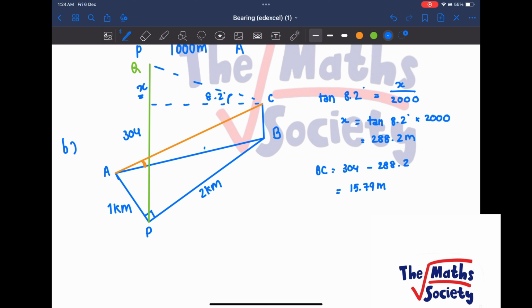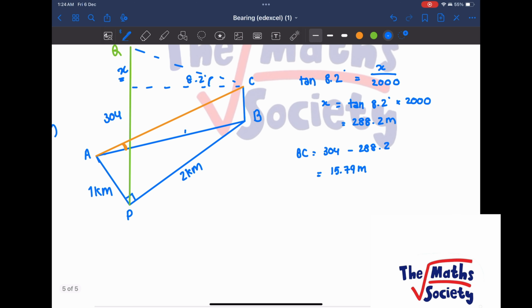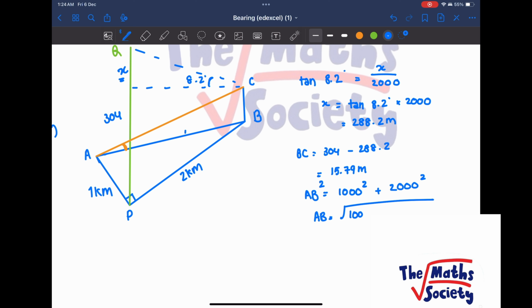So we know that it's a right-angled triangle, so you can use Pythagoras' theorem: AB squared equals 1,000 meters squared plus 2,000 squared. So AB is the root of 1,000 squared plus 2,000 squared, and you will get an answer of 2236.06 meters. So this is 2236.06, with BC being 15.79.